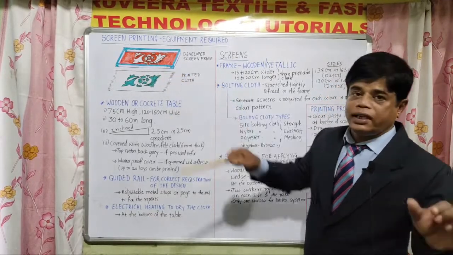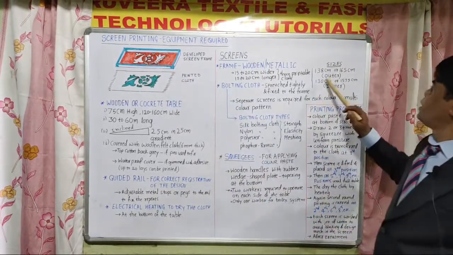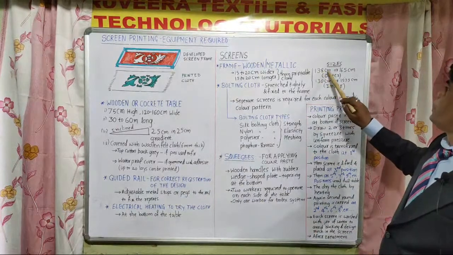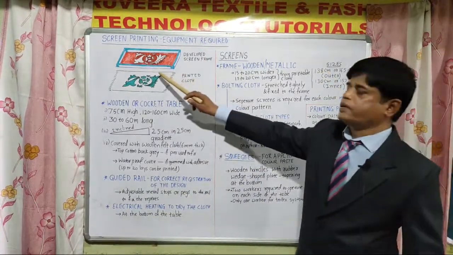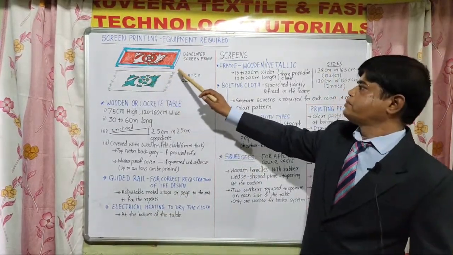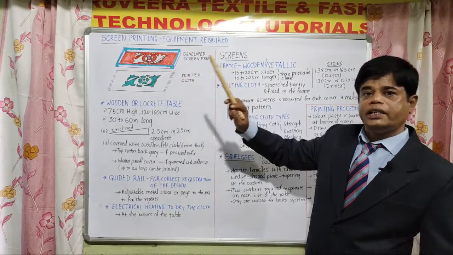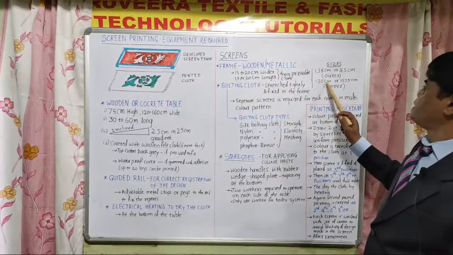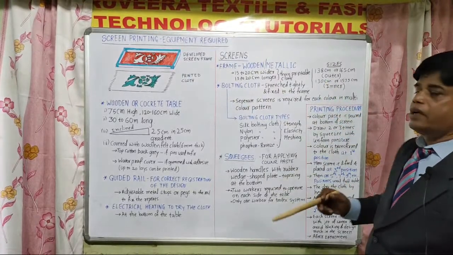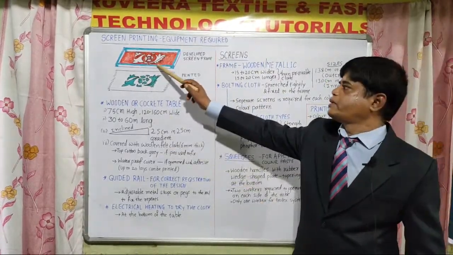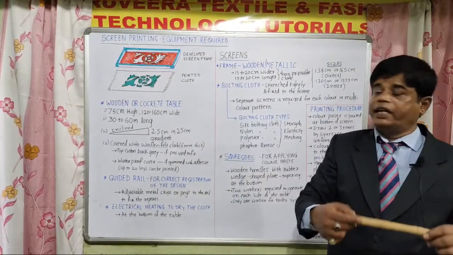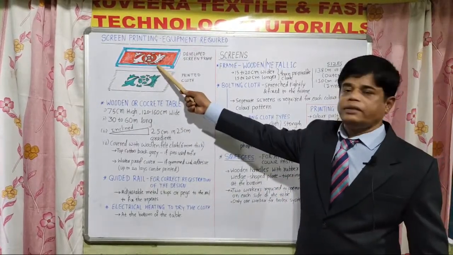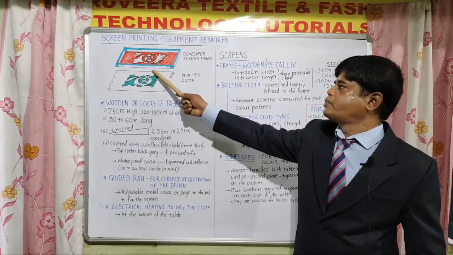the thickness is varying. Outer 138 centimeters is usual, and inside 130 centimeters, which means an 8 centimeter width of the frame. There will be an 8 centimeter gap between the inside size and outside size.